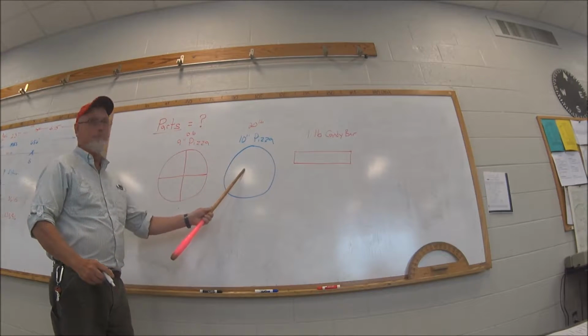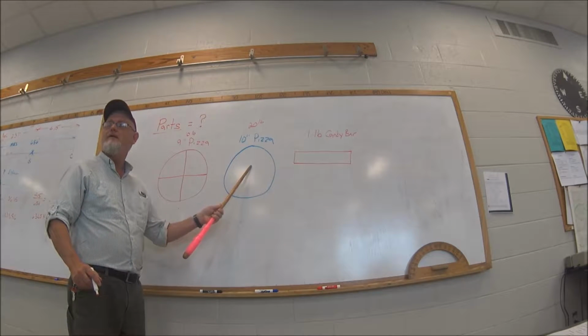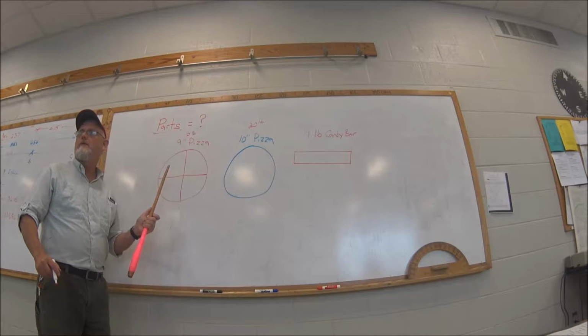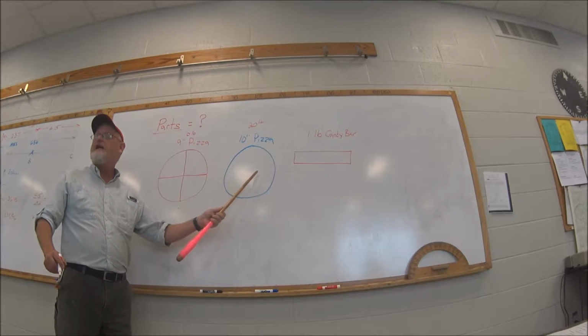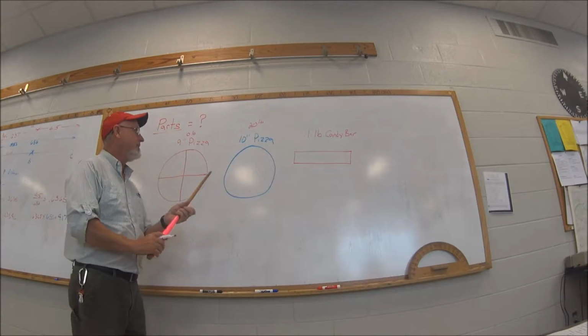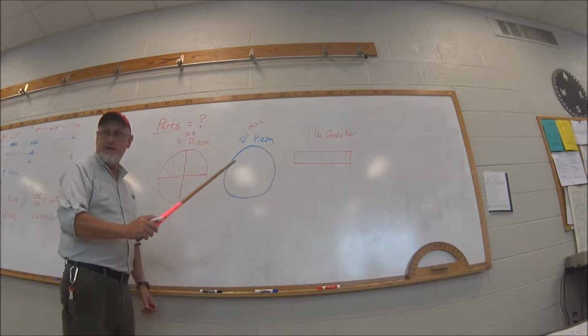Now, 1 part of this pizza would weigh what? 20. I thought a part was 10. It changed, didn't it? Yes, because the total volume, or the weight, of what we're dealing with changed.